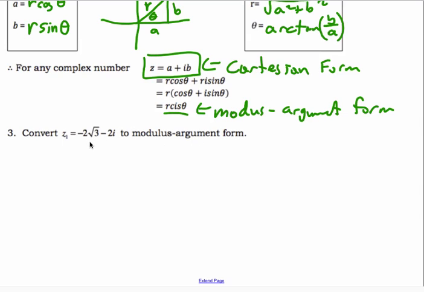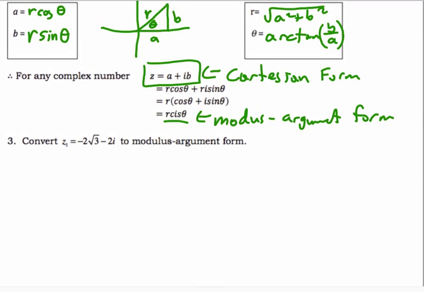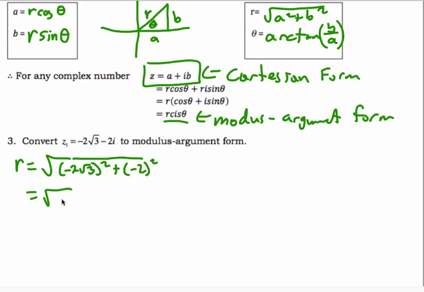We're going to convert this number here into modulus argument form. So we can use what we have right here. The modulus equals root A squared plus B squared, so that's negative 2 root 3 squared plus negative 2 squared, which equals root, that's 4 times 3 is 12, plus 4, root 16, which equals 4.